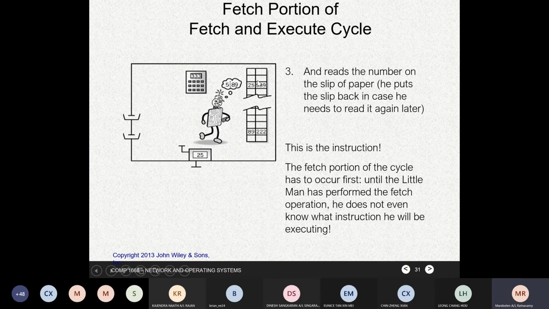So until he reads mailbox 25, until he fetches, he doesn't know what to do. This is what he fetches, this is what he executes. After he fetches, he has to execute the contents 589. Then he will go here and execute in order to get the contents of mailbox 89. So what he does here is fetch. What he does here is execute. That is the meaning of the fetch and execute cycle.